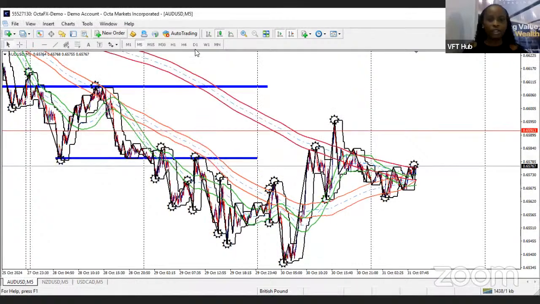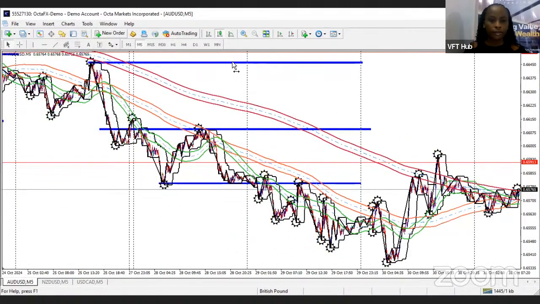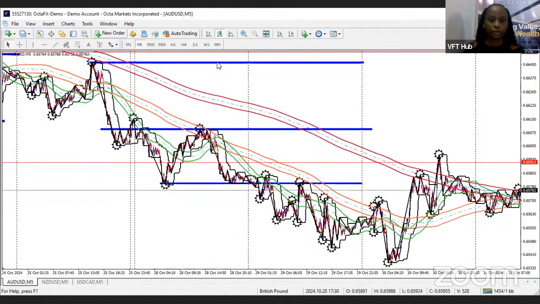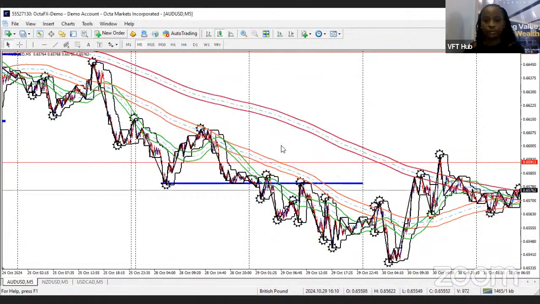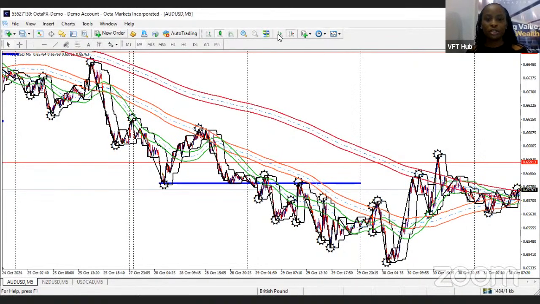Okay, this one is proving stubborn. I'm just going to leave this third one because it's stuck in between the other indicators. So when you click, it keeps showing that you want to remove one of the indicators.